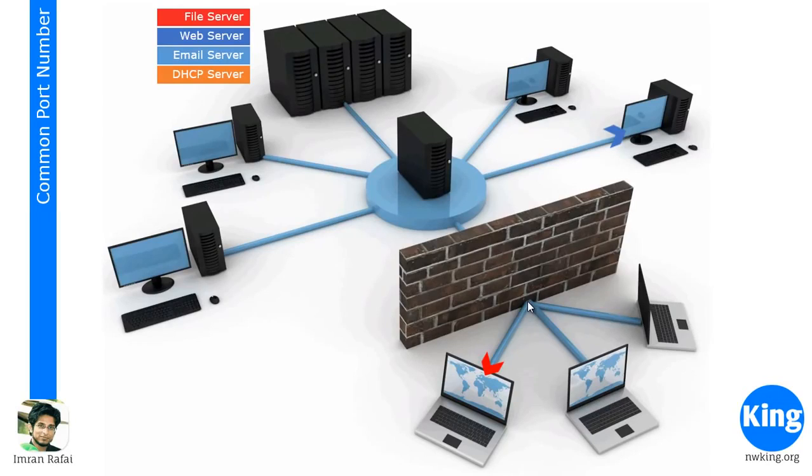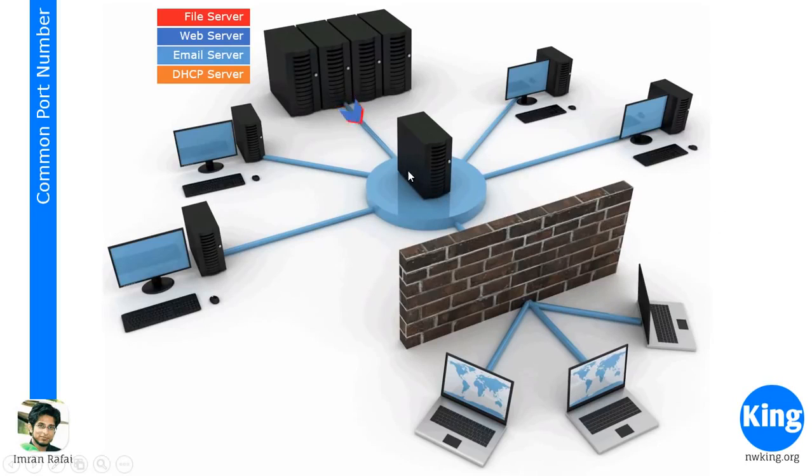So there are standard port numbers in every transmission. If you look at the frame, there is a place where it mentions the destination port number. It also gives a source port number. Now source port number is required for it to send back. Like in this case, there is blue traffic, which is web traffic.